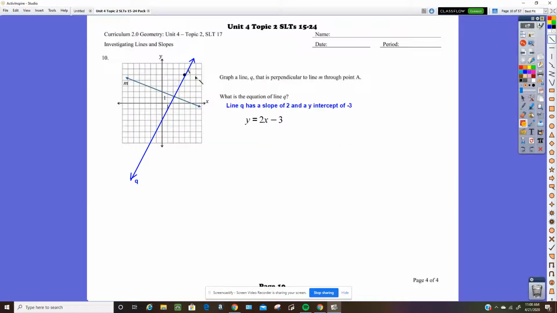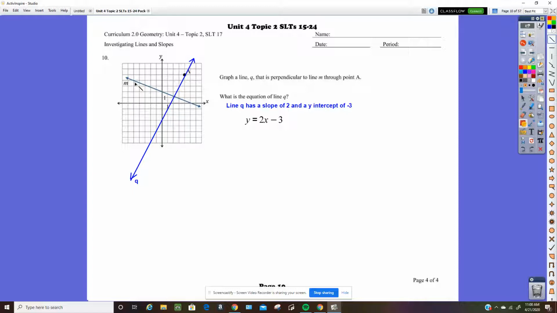And then page 10, it says graph a line Q that is perpendicular to M through point A. So the slope of this line right here is, if I draw a right triangle again, to find the rise over the run.